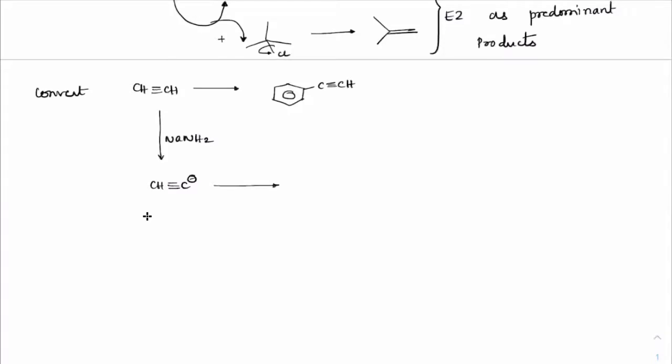Then we can react that with, okay, one CH is missing here, CH2 C triple bond CH. So to get this, what should I take? I should take benzyl chloride and react it through the SN2 mechanism. It will get hold of that, Cl is removed, and this particular group gets attached. So I suppose that point is clear, right?